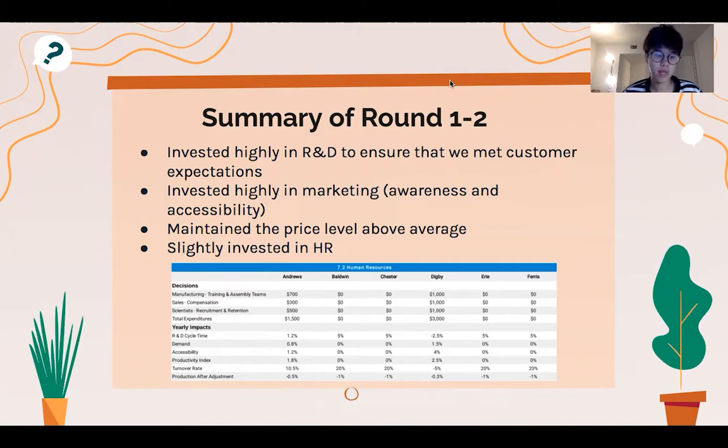We also invest highly in marketing to ensure customer awareness and accessibility when we first launch our products. In the second round, we look through the report and compare with other competitors to maintain our price level above average. Since we had stocked out the product in the first round, we slightly invest more in HR in the second round.